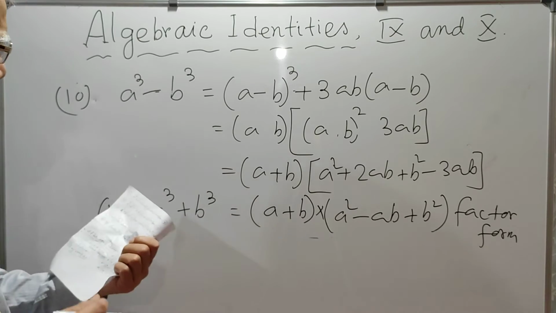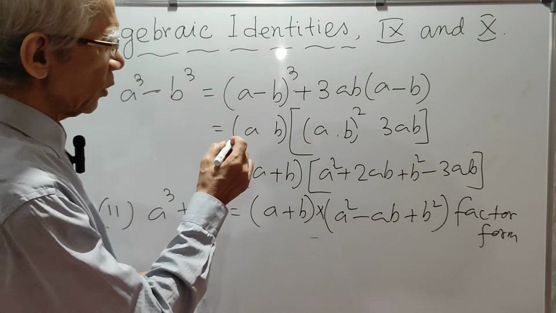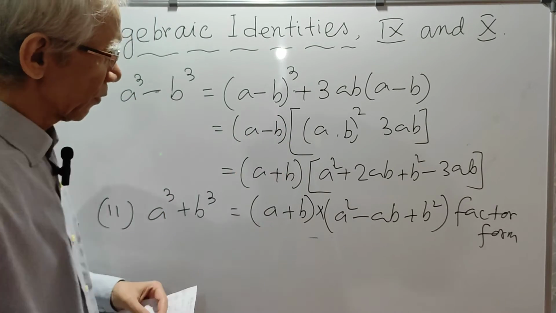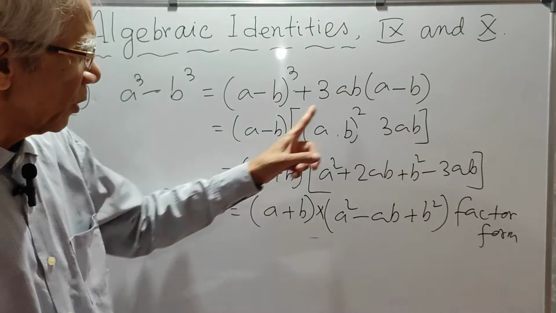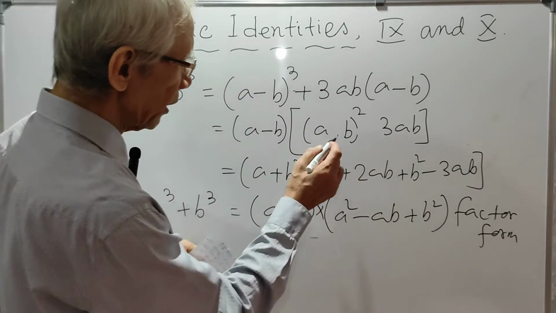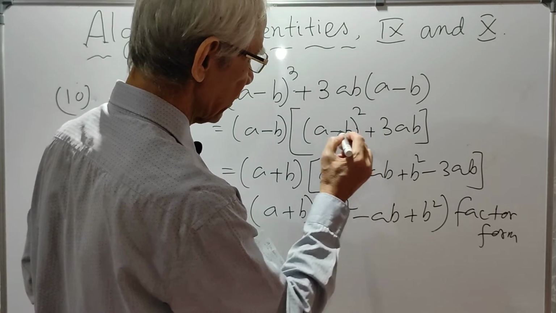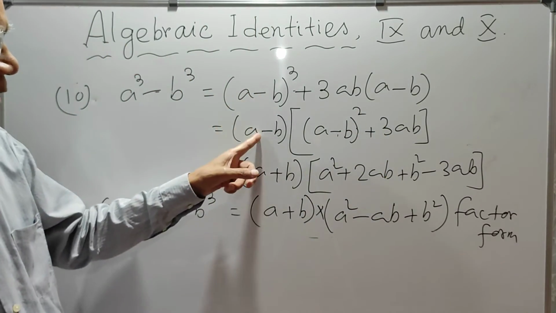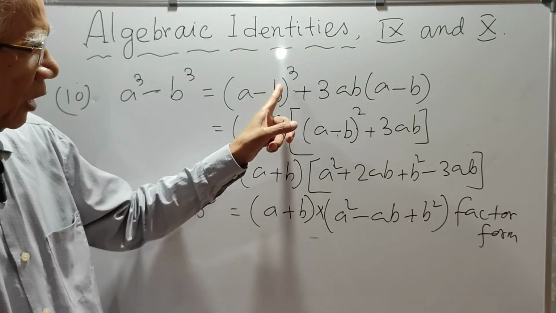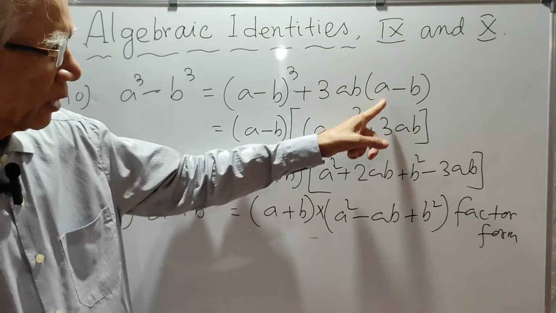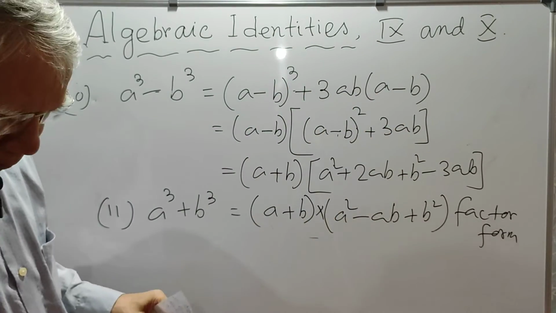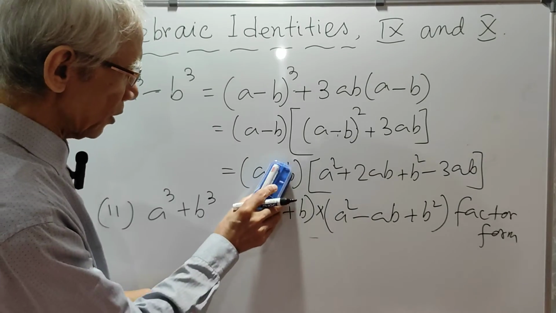All right. Okay. Now what you do? Take a minus b common. If you take a minus b common, what will remain here? (a minus b) whole square, and here plus 3ab will remain. Now see, only the signs we have to change.